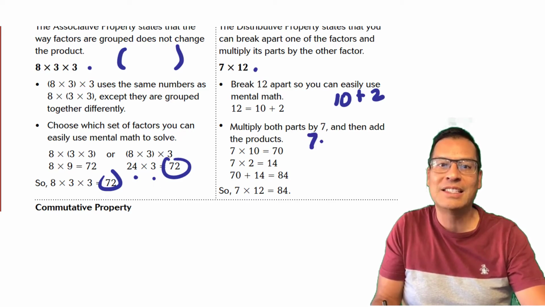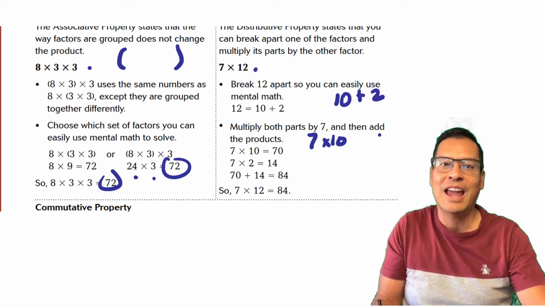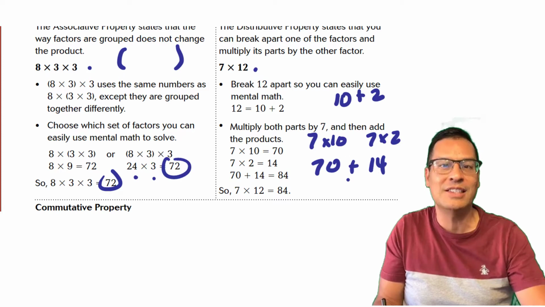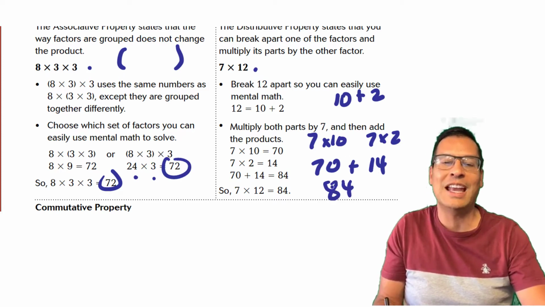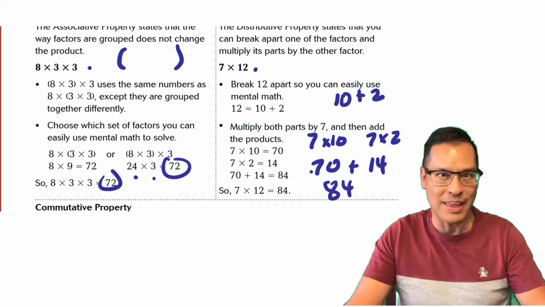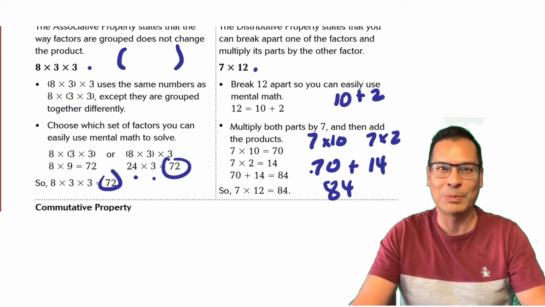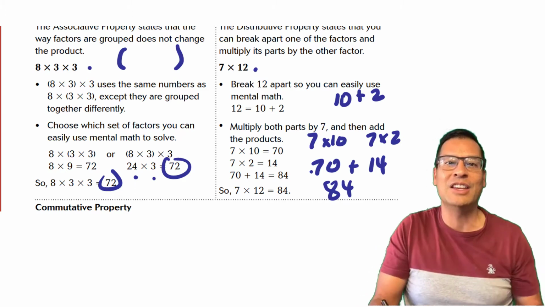So we can say 7 times 10, right? And then 7 times 2. So 7 times 10 is 70. 7 times 2 is 14. And then 70 plus 14 is 84. So the result is 84. You can also check that result with your multiplication table, or if you've already memorized those multiplication tables, then that's how you work this.